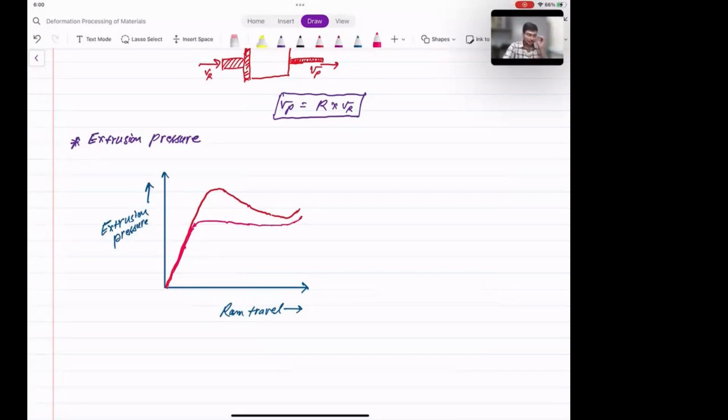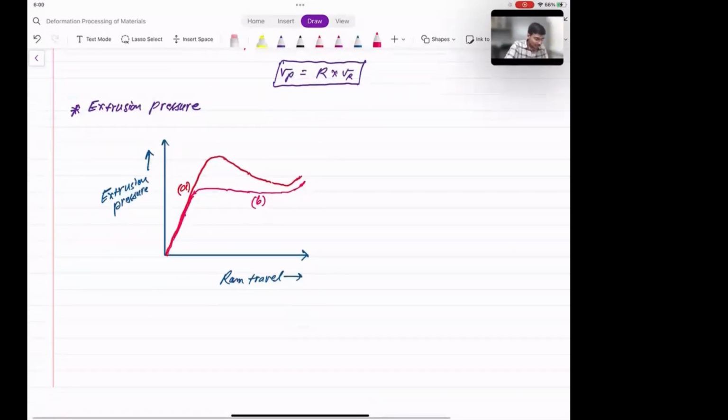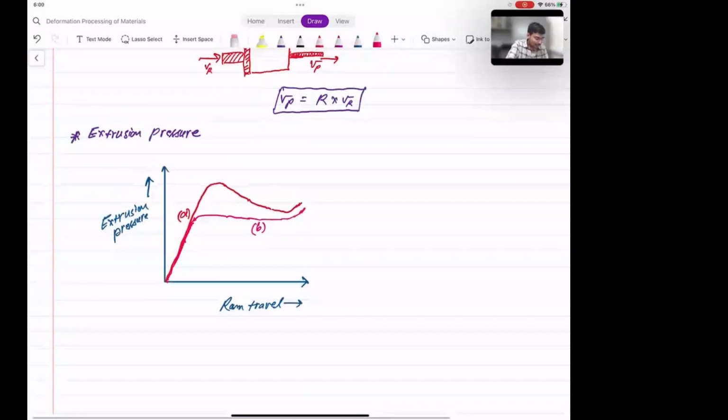Okay. So this is the variation of extrusion pressure with the ram travel. Let me call this as A, and this is B.